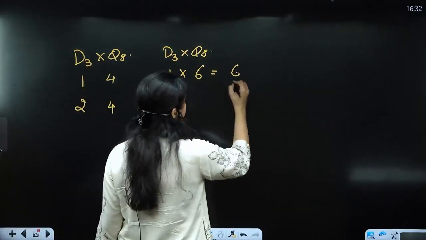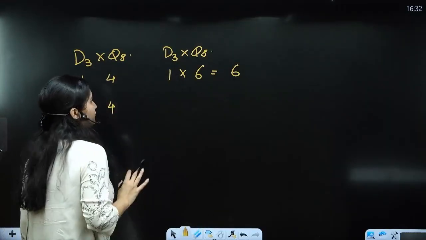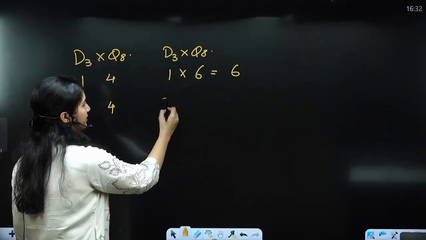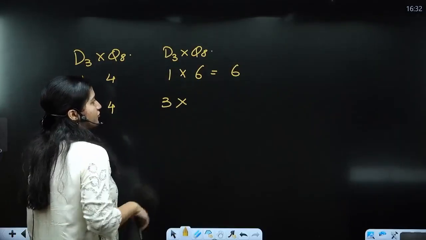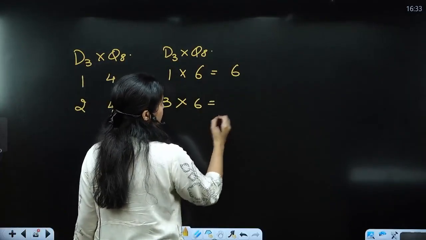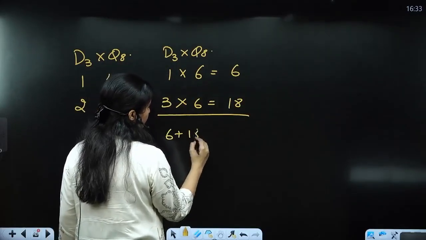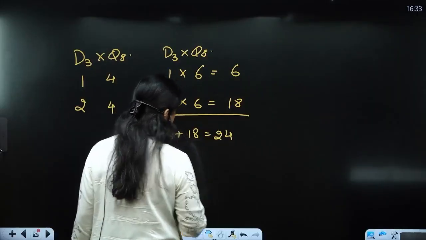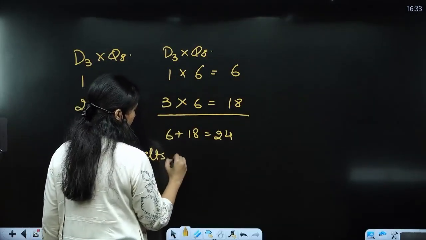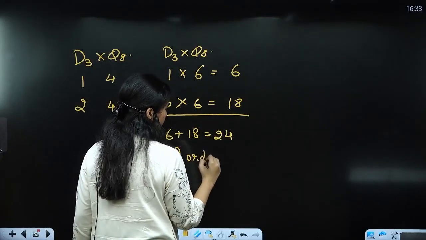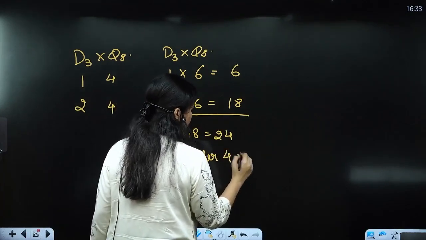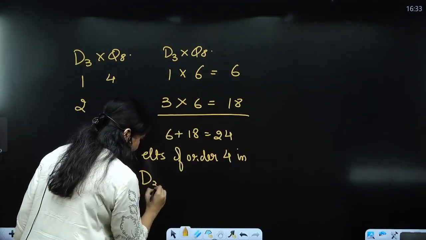So this is going to be 6. The number of elements of order 2 in D3 is 3, and the number of elements of order 4 in Q8 is 6. So 6 times 3 is 18. So the total number of elements of order 4 in D3 cross Q8 is going to be 20.